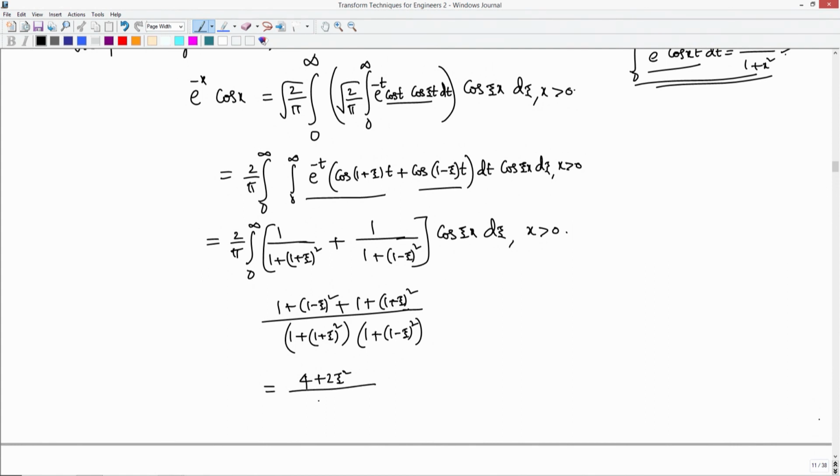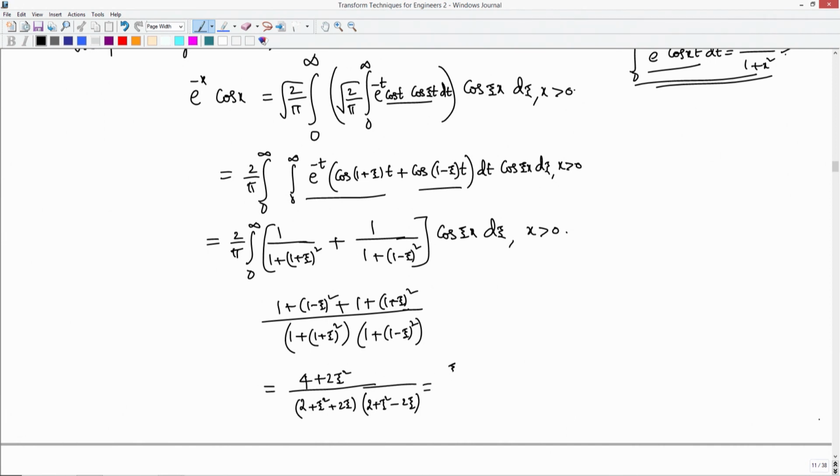Divide by, and here this is going to be 1 plus 1, so that is 2 plus xi square plus 2 xi, and here 2 plus xi square minus 2 xi.